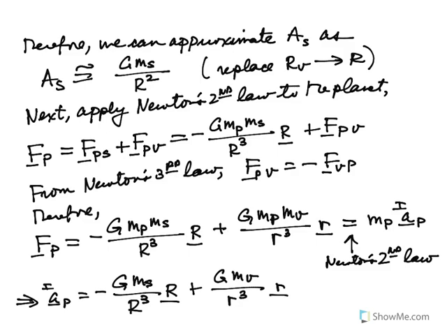And that can just be flipped around and written as G times the mass of the spacecraft, all divided by r cubed times r, minus G times the mass of the sun, all divided by big R cubed times big R. So let's rewrite that on the other page.